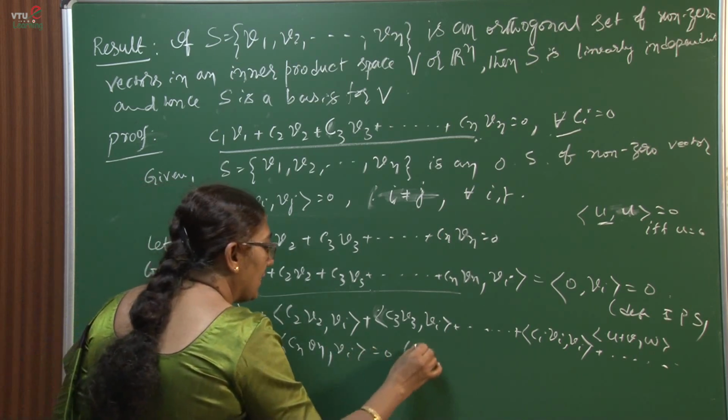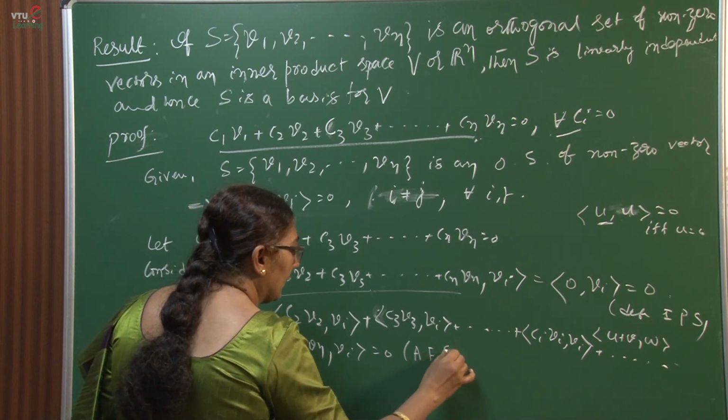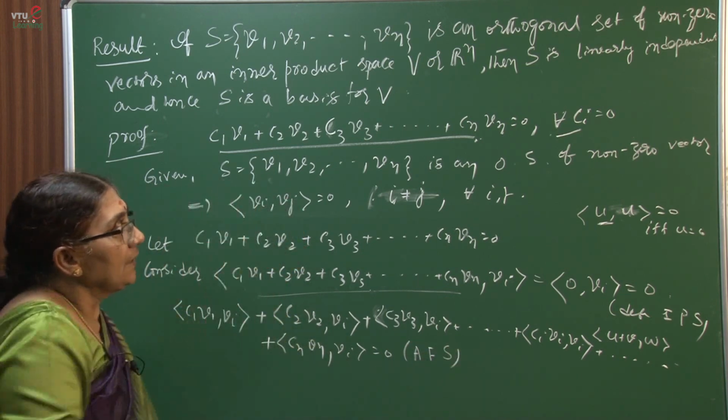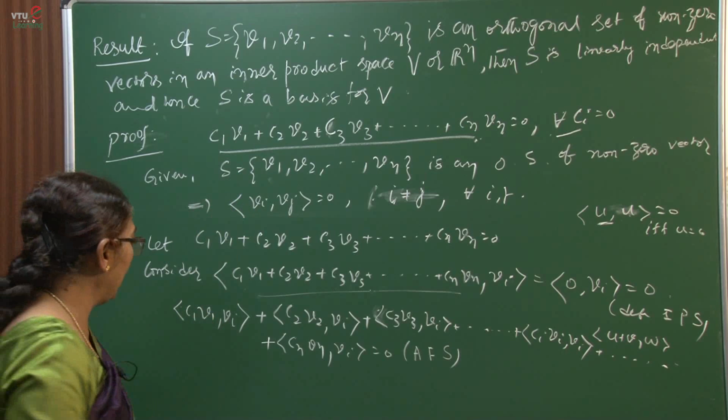This is for additivity of the first slot, since V is an inner product space.